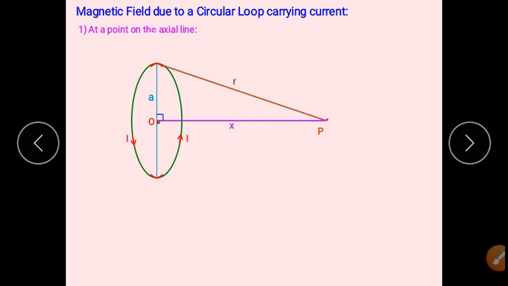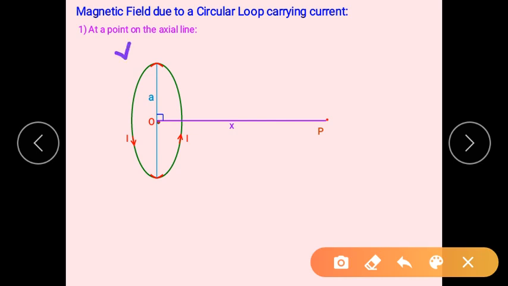Now, let us consider a small element of the circular loop that is marked in red color here. Let us call it XY. That small current element is XY.